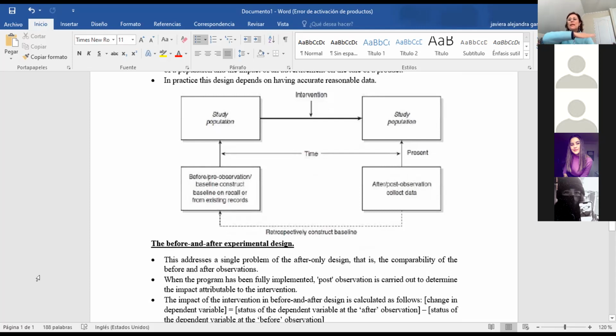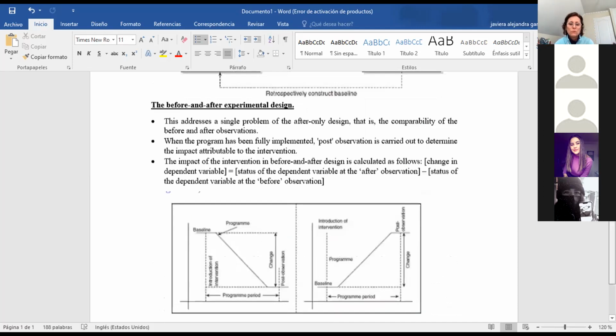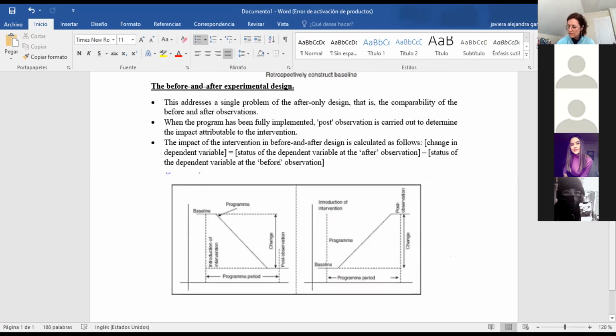So we know that the intervention we did in the middle was successful because the post-test is successful and you started at a very low level. We can reconstruct, as Javiera said, that baseline, that pre-test. And then the before and after is the most used, easy to implement in a class, for example, in classrooms. This is done a lot.